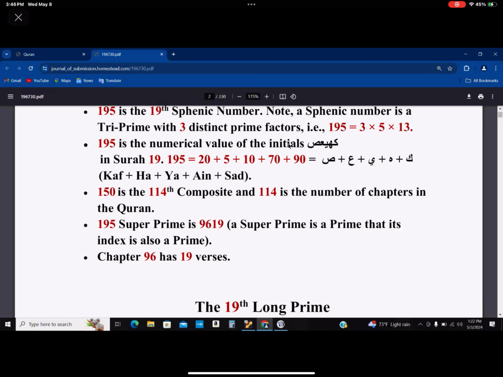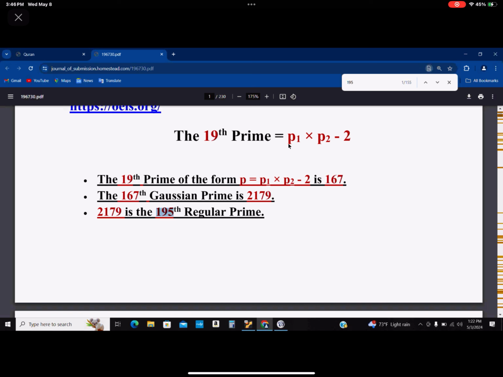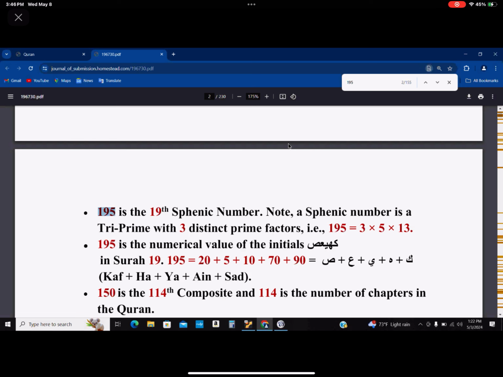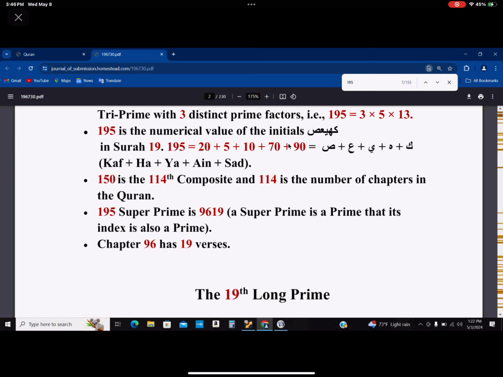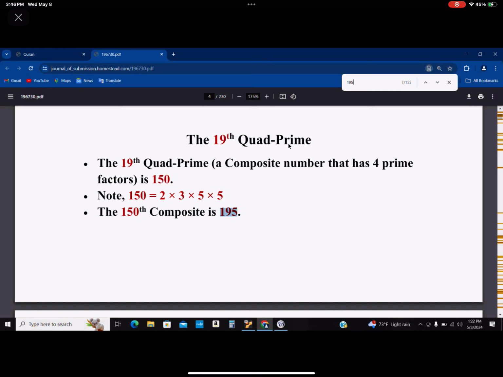Okay? So now if you want to learn more about 195, you just click here and you search for 195 in this long document, and it has all of this information about it. Okay? So you just keep clicking on it, and it gives you more information. More information here. Okay? I said the 150th composite is 195, which I forgot to put there.